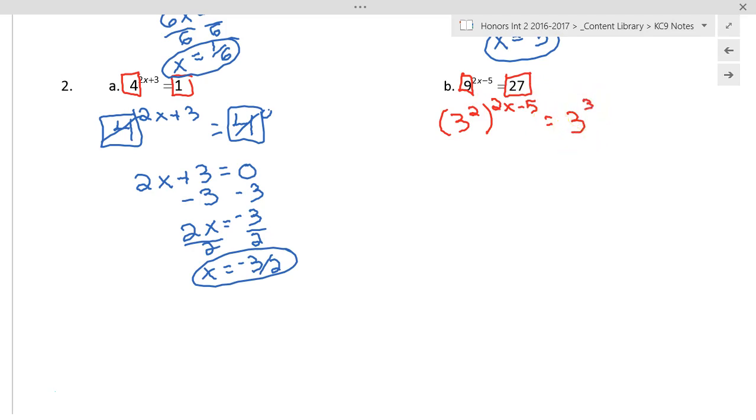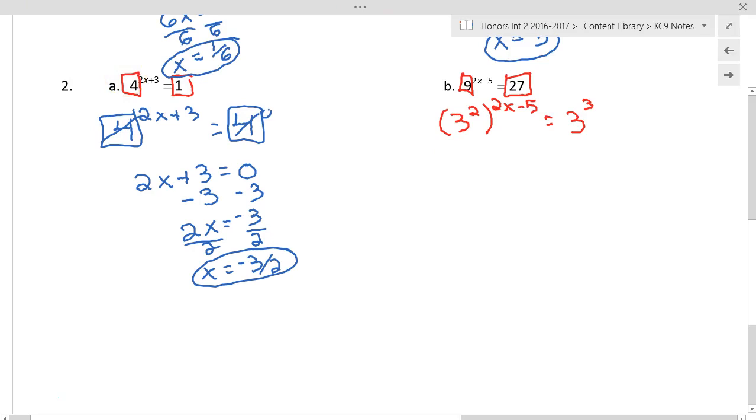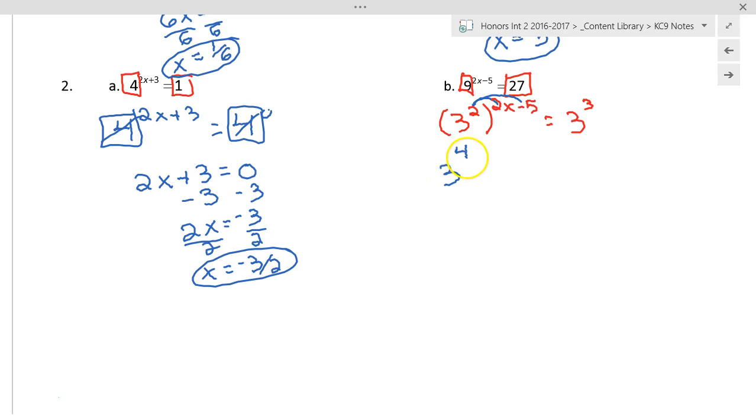So sometimes you'll have to change both of them to a different base, because they need to have the same base. Once I do that, I need to distribute this 2. If it's a minus or a plus sign, it has to be distributed and multiplied by both. So this is really 3 to the 4x minus 10 equals 3 cubed.